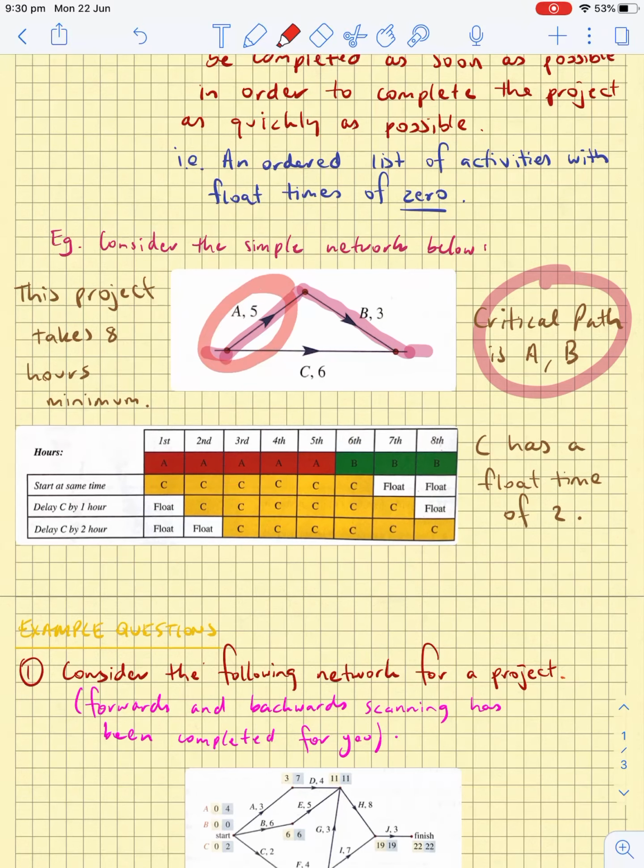Straight after those 5 hours, you need to start B so you can get those done in the first 8 hours. But while A and B are being completed, you also have to do C at some stage. You could start C at the same time as A, so C would be done in the first 6 hours, and in the 7th and 8th hour nothing would be happening with whoever's doing C, so there'd be some float time of 2 hours.